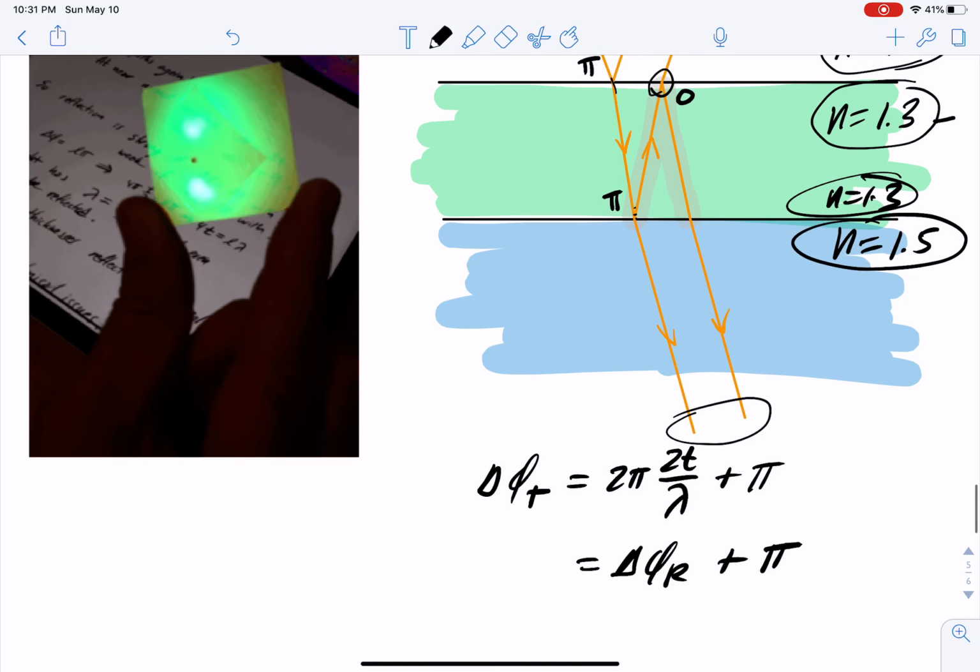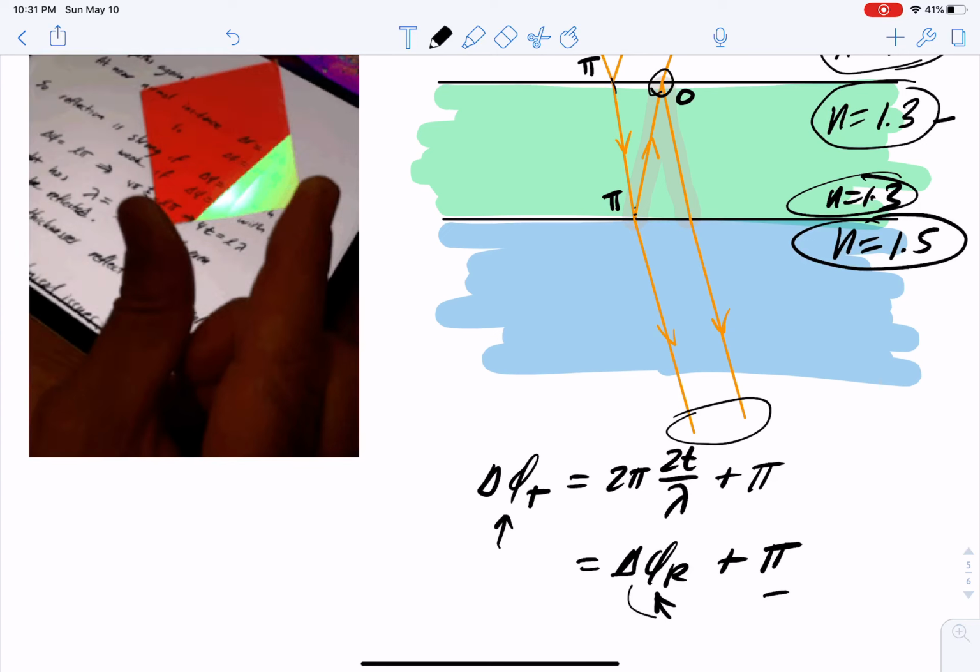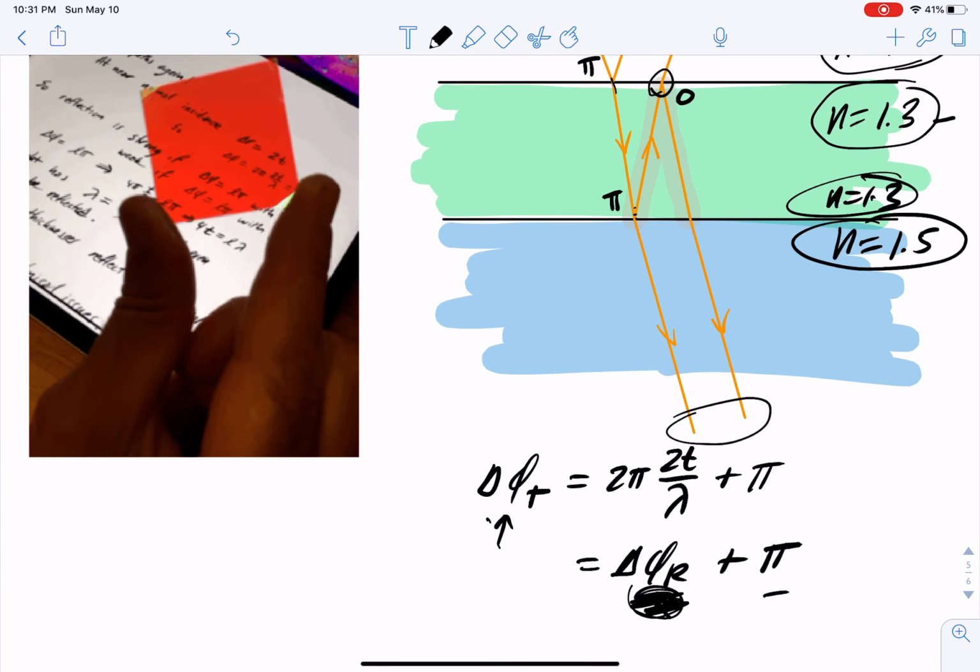That means that if this is an even pi, then this is an odd pi, because we have to add another one. So if this one is 2 pi, this is 3 pi. So anytime the reflection is a maximum, the transmission is a minimum, and vice versa.